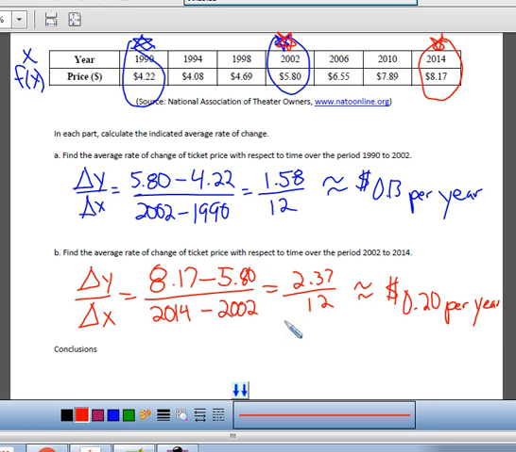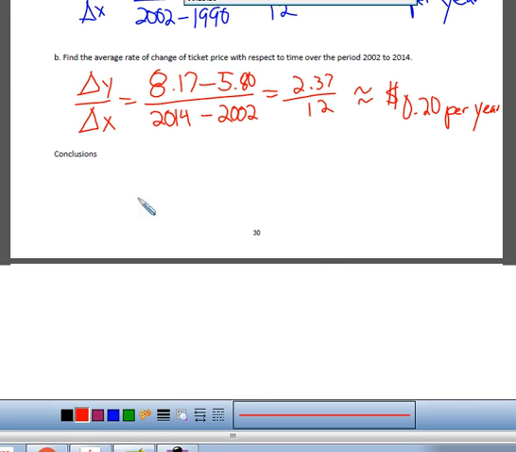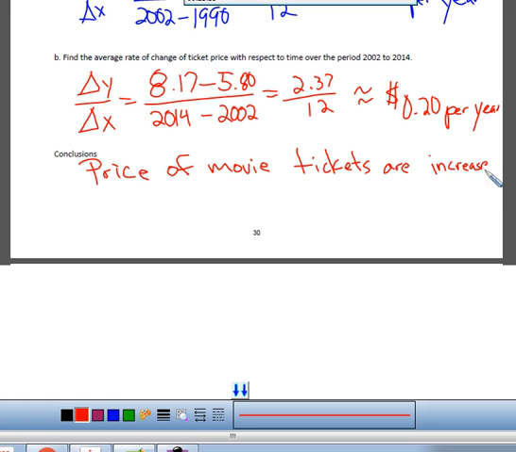Okay, what does that mean? Conclusion. Well, it's pretty simple actually. The price of movie tickets are increasing. Now, some of you may be thinking, well, we only do this when it's a linear relationship.